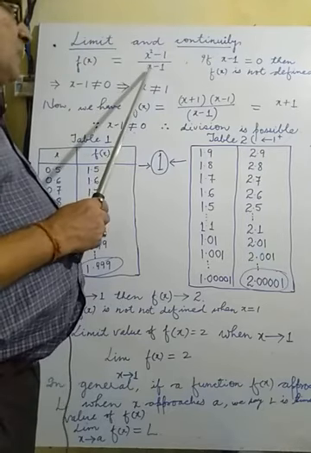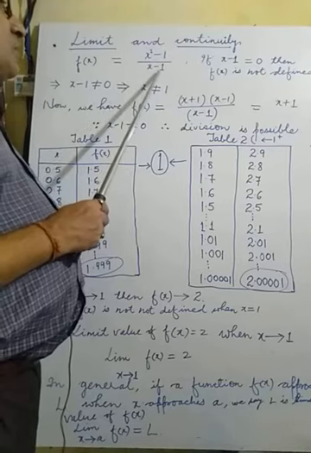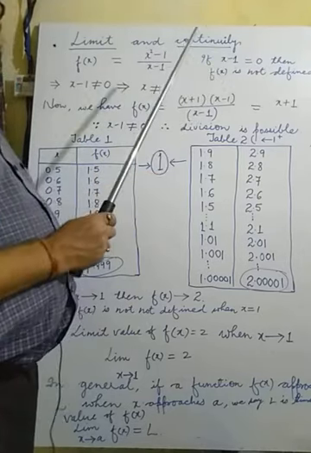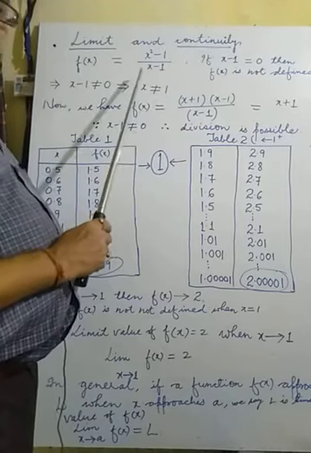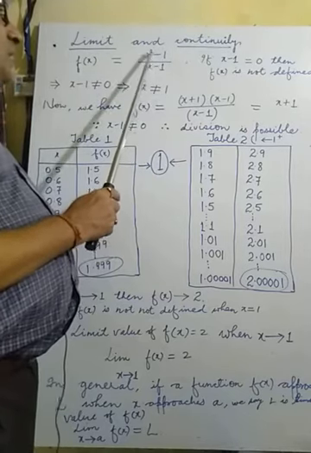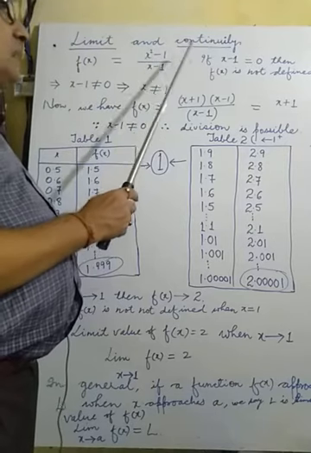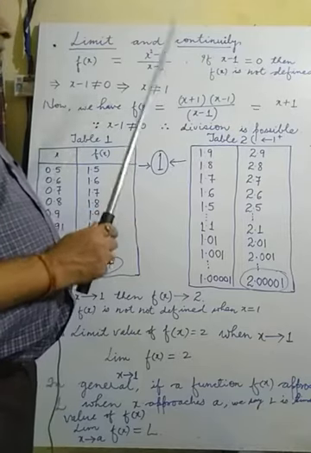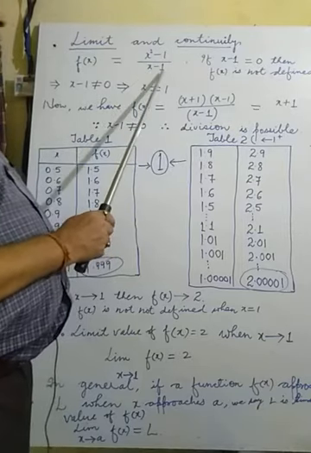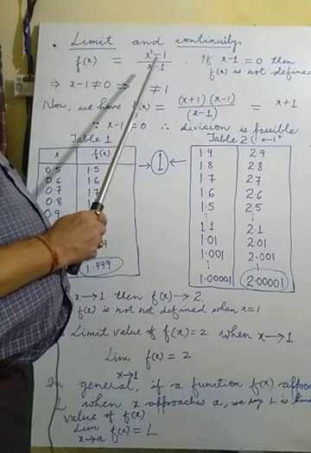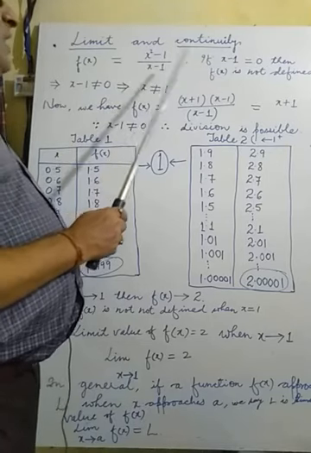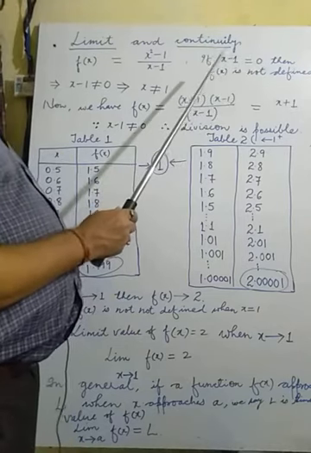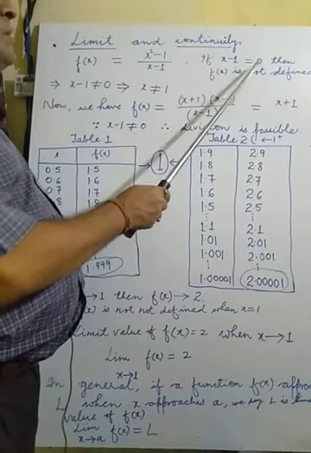So it means what? x minus 1. If x minus 1 is equal to 0, it will be something upon 0, and that will not be defined. So the function is not defined when the value of x minus 1 is equal to 0. It means x equals 1.